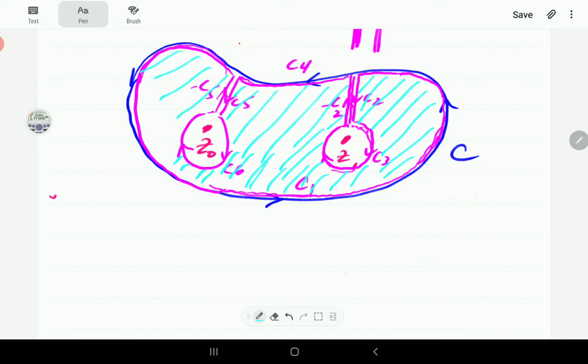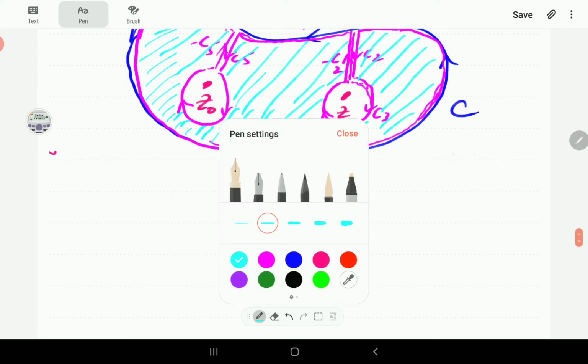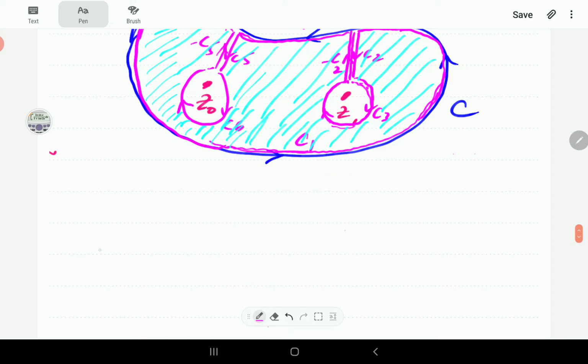So the singularities are actually outside this modified or deformed contour. So you can see that Z0 and Z1 are now outside. So let's call this contour C bar.